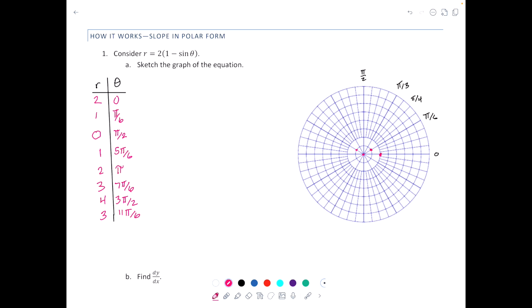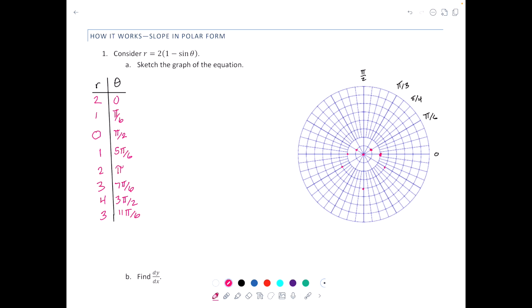At pi, we're out at 2, so it looks like we're going to have some symmetry going on here. At 7 pi over 6, we're out to 3. At 3 pi over 2, we were at 4. And at 11 pi over 6, we were at 3.